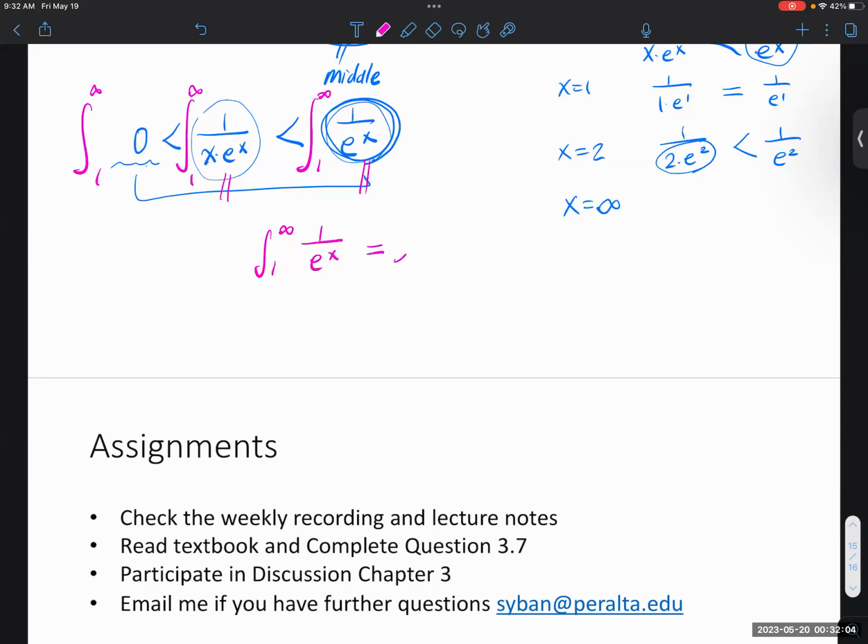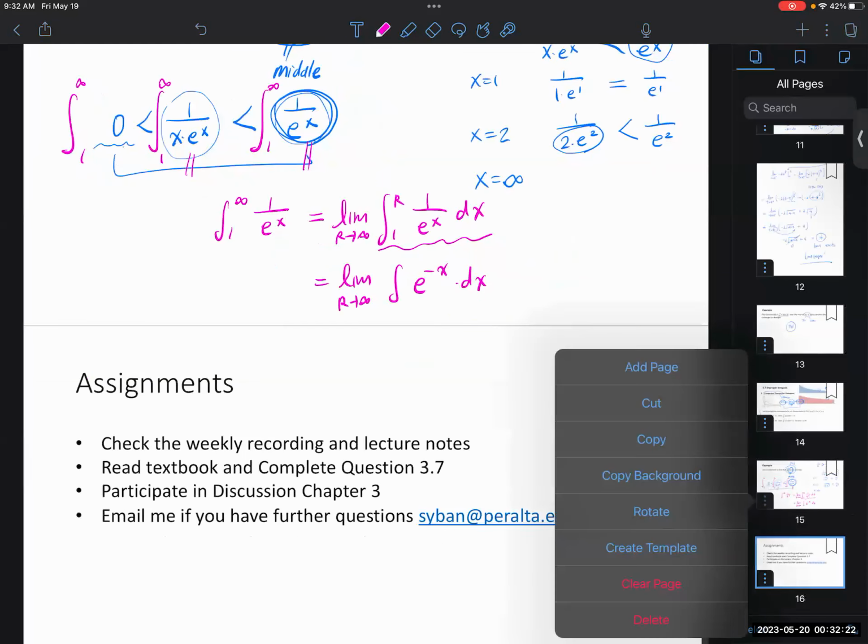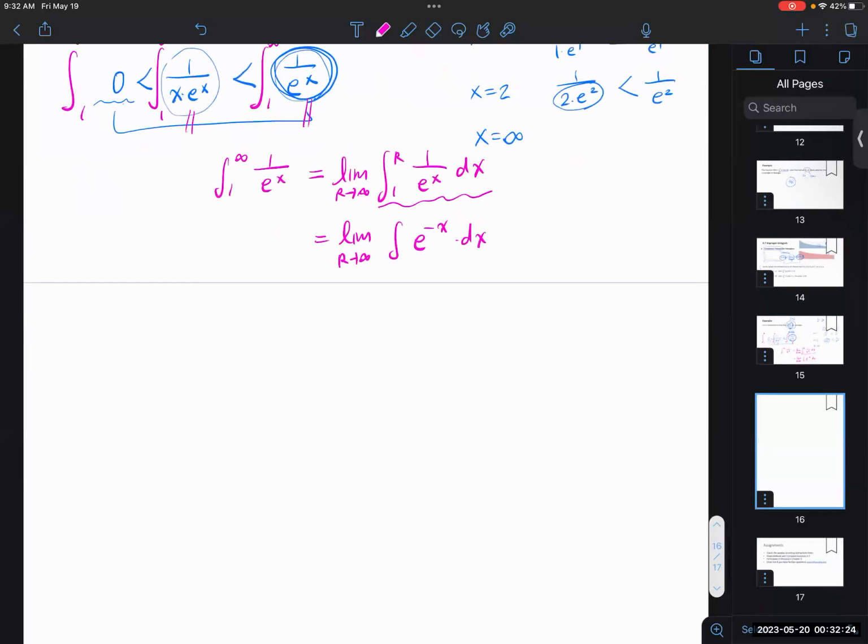This is the same as taking the limit, as r goes to infinity, of the integral from 1 to r of 1 over e to the x dx. You can rewrite it a little bit as e to the negative x. That's the same thing. And then I'm going to keep going and take the integral.